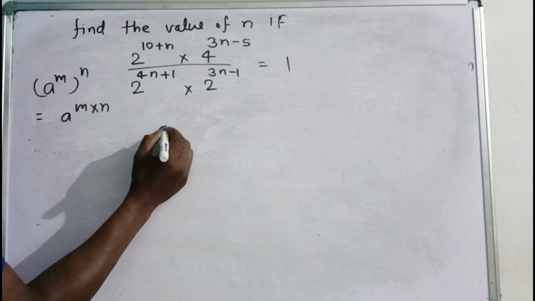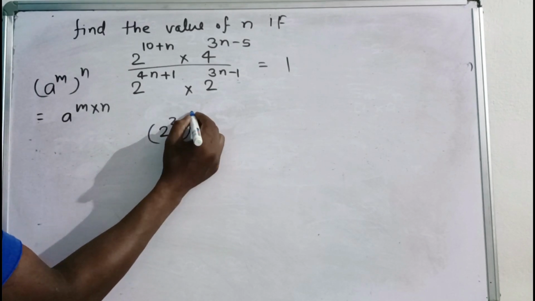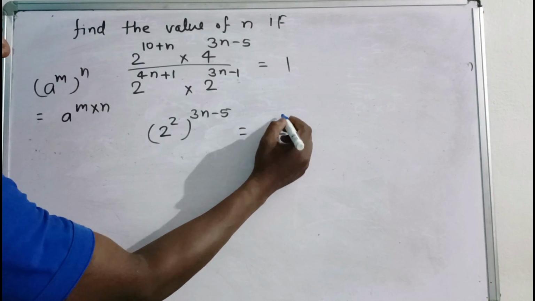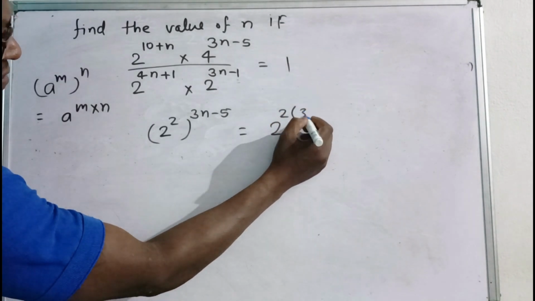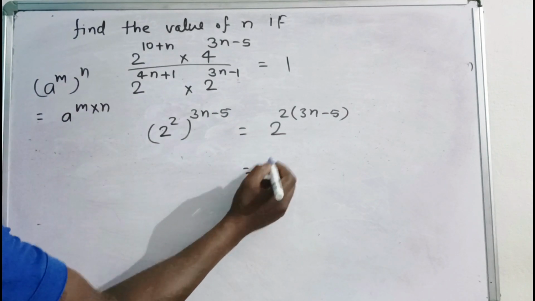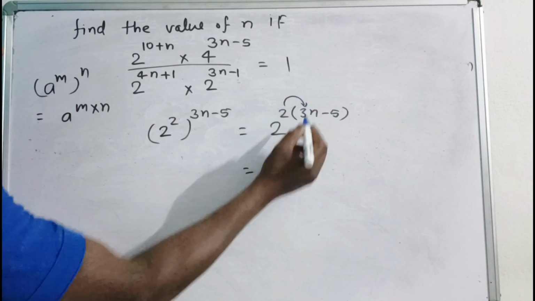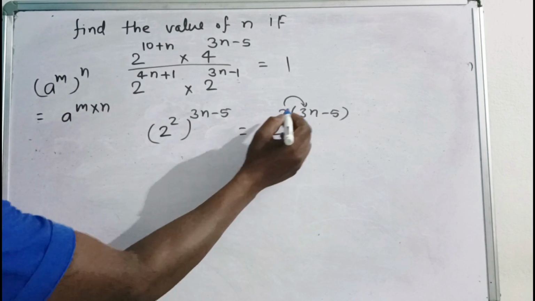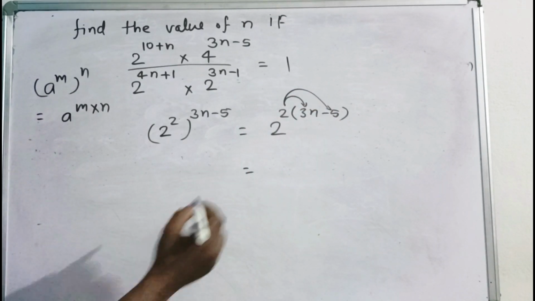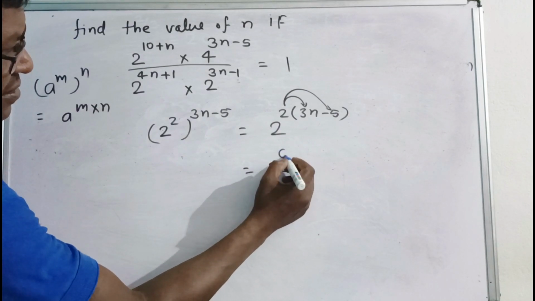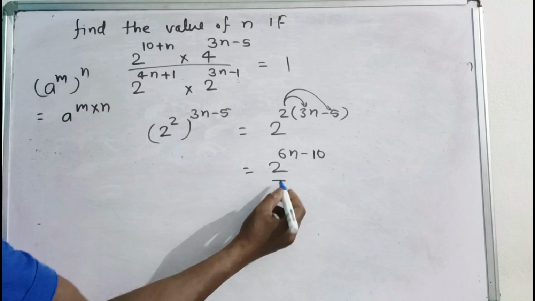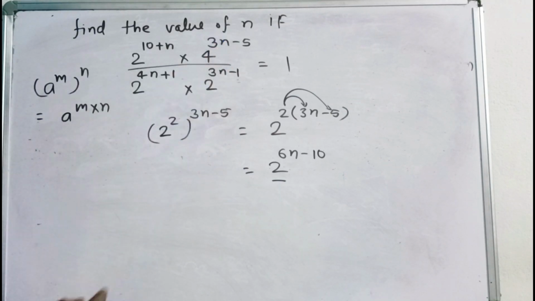Here 2 raised to the power 2 raised to the power 3n minus 5 becomes 2 raised to the power 2 in bracket 3n minus 5. Again multiplied to this first quantity, after that multiply to this to solve the bracket. 2 raised to the power 6n minus 10. Okay, this is the value of this only.